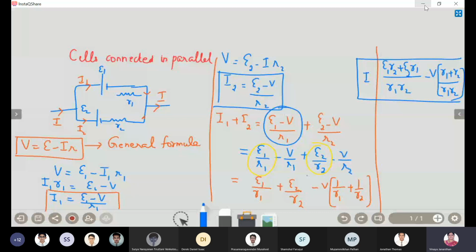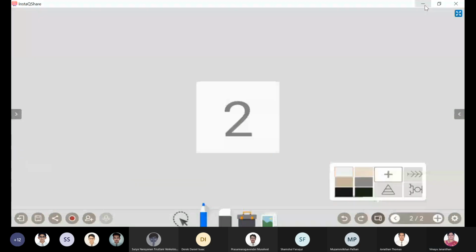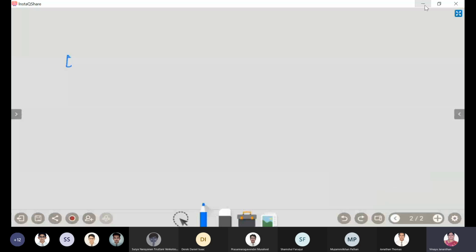Now, let us draw an equivalent circuit, because we are combining both the cells as a single cell. So it is E equivalent. It has an internal resistance, R equivalent. The current flowing through it is I.